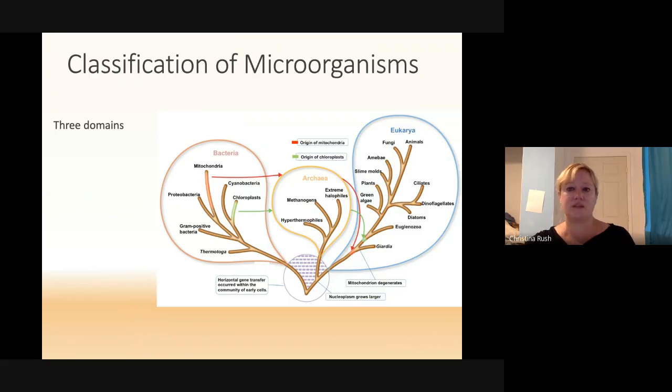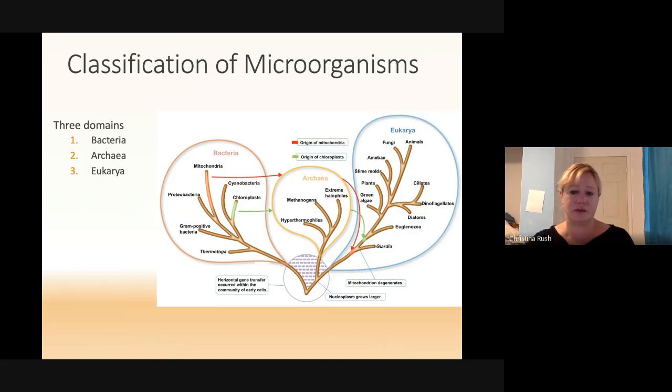So the classification of microorganisms. There are 3 domains: bacteria, archaea, and eukarya. When we look at each one of these, bacteria are the oldest. So if you look down at the base of the tree there, we see that bacteria is the very first, or an ancestor of bacteria.